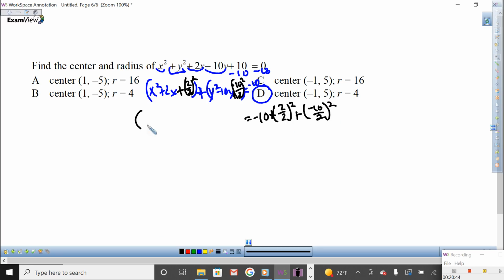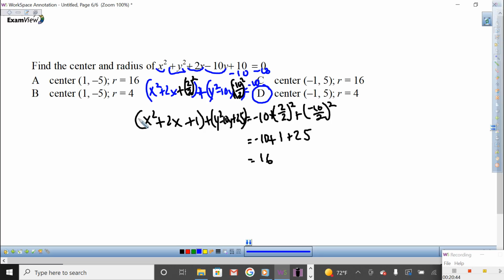So we're left with x squared plus 2x plus 1 plus y squared minus 10y plus 25. Is that correct? So I'm going to simplify this side. We have negative 10 plus 1 plus 25. So this is 15, this is 16, yes?